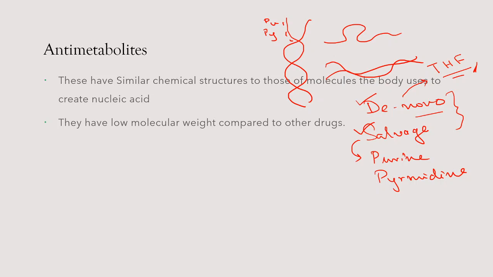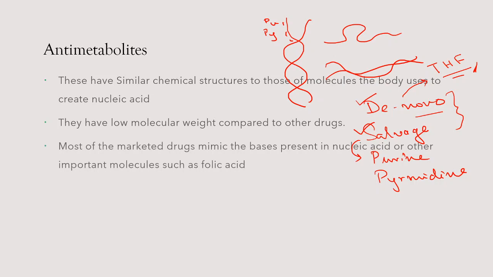If they are purine mimicking or pyrimidine mimicking drugs, they will be low molecular weight. However, if we are talking about something mimicking folic acid, such as methotrexate, they will not be very low molecular weight drugs.